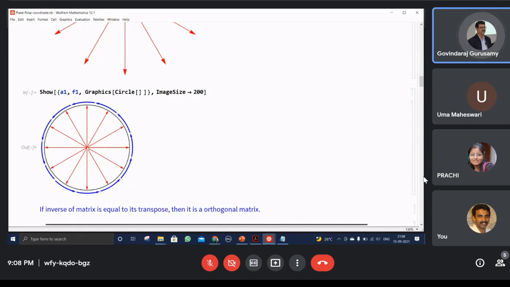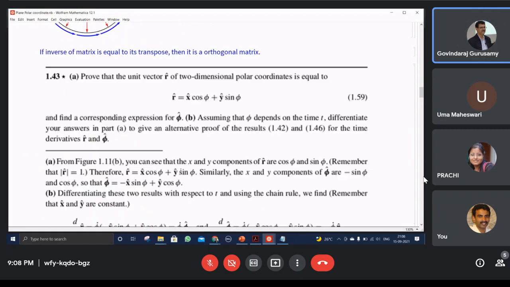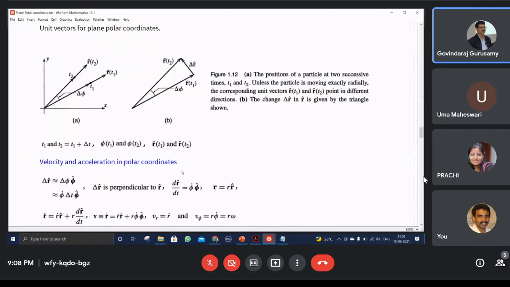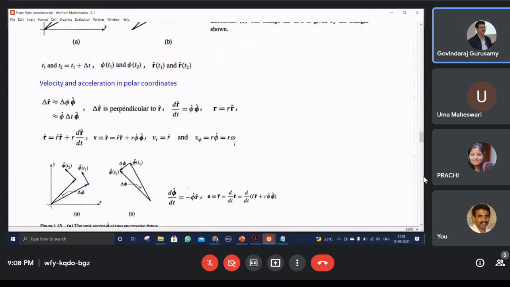If you are moving along this direction, I have a velocity component r dot with an r cap, and along this I have r phi dot, which is equal to r omega. That is what this relation says. You get it now? The v vector comes out consistently and very easily, starting from r equal to r with an r cap.